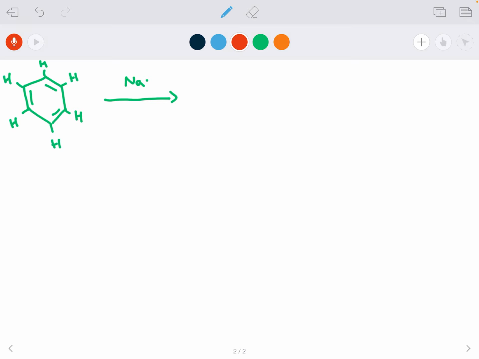Okay, so my one electron from the sodium will come over there. I'm going to split the double bond here with one electron going up top and one down to here. And the double bond down here will also split. So one electron there and one electron down there. So what I've gotten now is a radical anion.